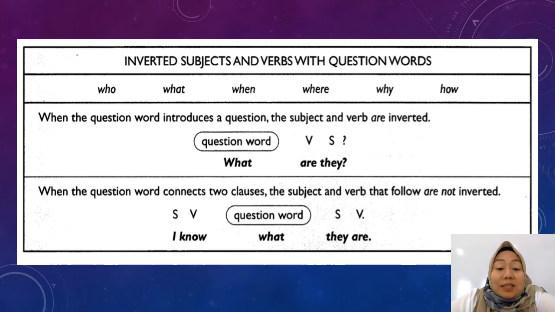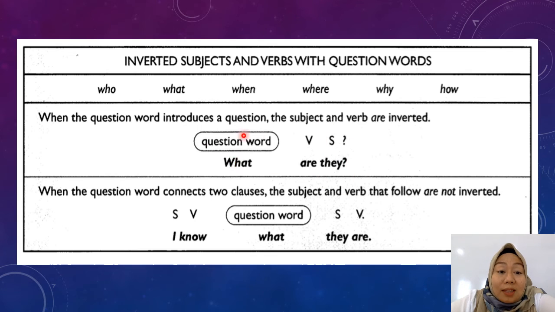Okay, so this is the summary. Inverted subject and verbs with question words. If we have question words who, what, when, where, why, how, then first, when the question word introduces a question, the subject and verb are inverted. What are they? Are is the verb and they is the subject.